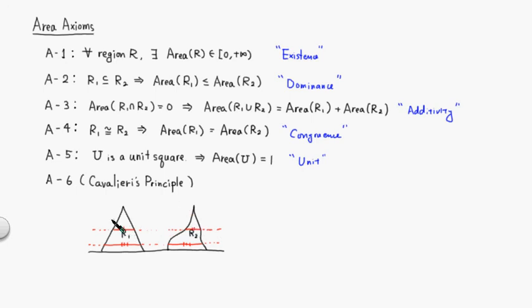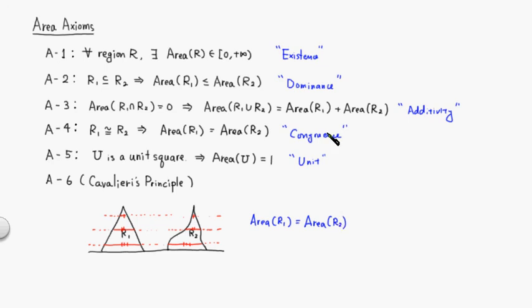So let's assume that no matter where you cut by these parallel lines, these two have the same cross-sectional length. If that's the case, the area of R1 is equal to the area of R2.